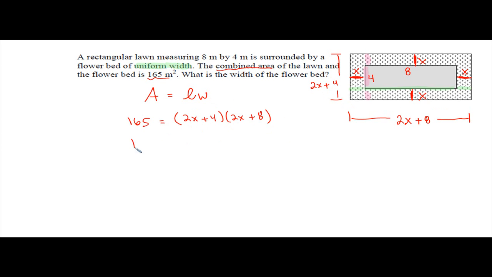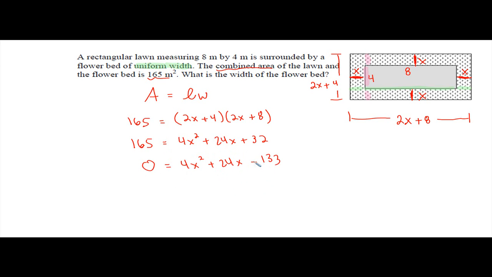Working this out, we get 165 is equal to 4x squared plus 16x plus 8x, that'll be 24x, plus 32. It's a quadratic, so let's make it equal 0. We get 4x squared plus 24x minus 133. And just like the previous examples, once you have the quadratic in standard form set equal to 0, if you're allowed to use a calculator for the problem, you don't have to worry about trying to factor this.